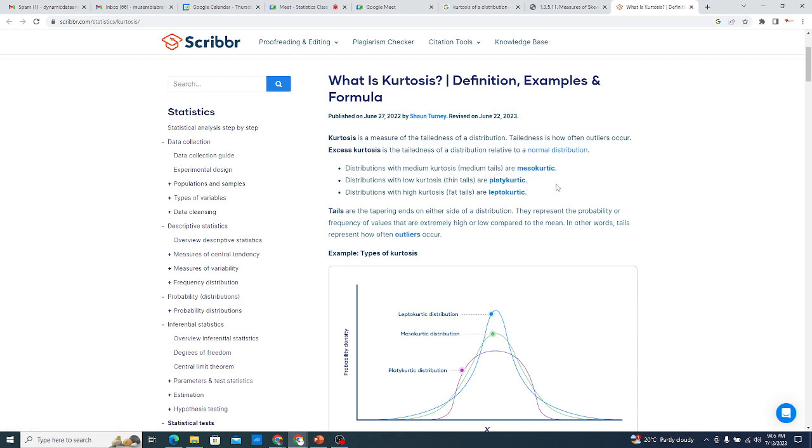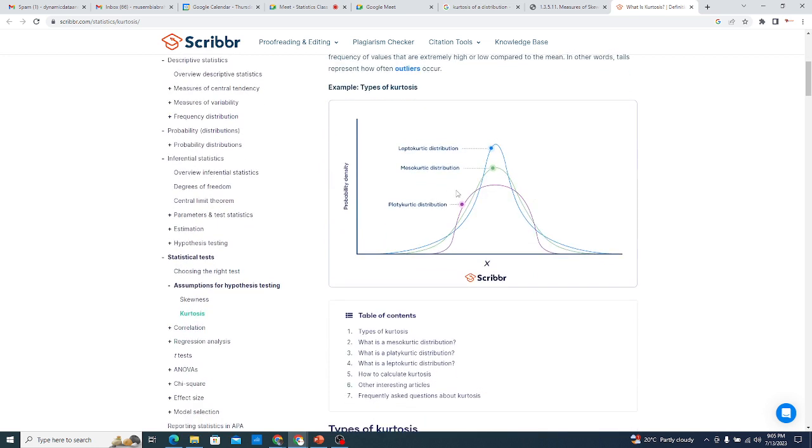Then when we are talking about kurtosis with thin tails, we are talking about platykurtic. Then a distribution with high kurtosis or fat tails is called leptokurtic, and you can see the distributions clearly here. Mesokurtic is our perfect normal distribution.